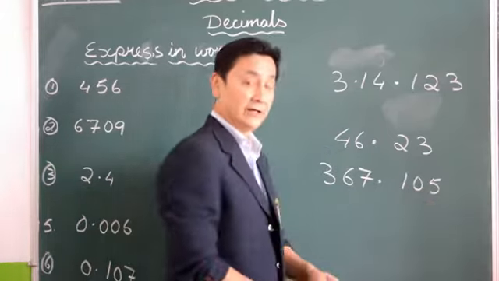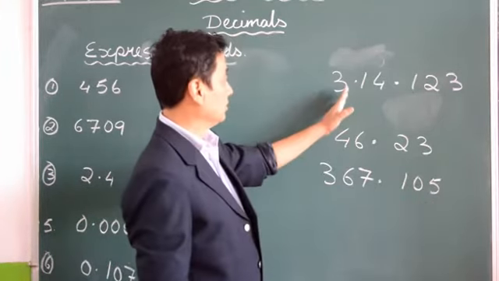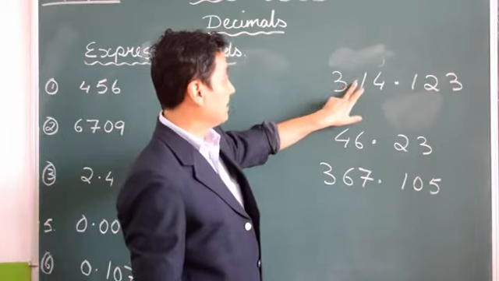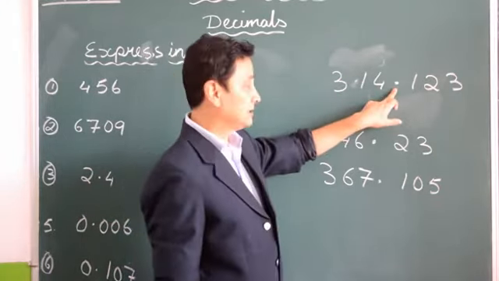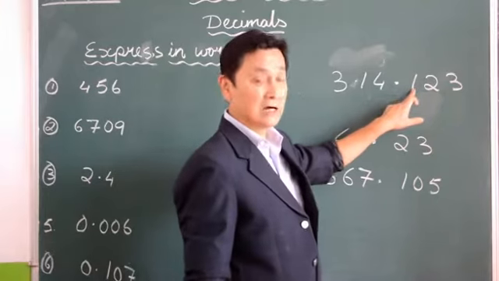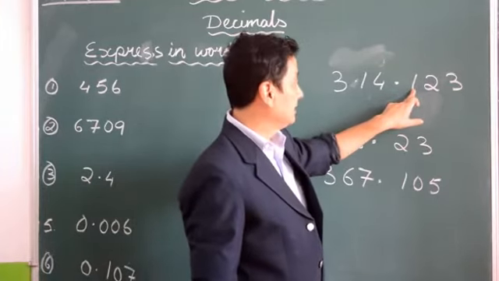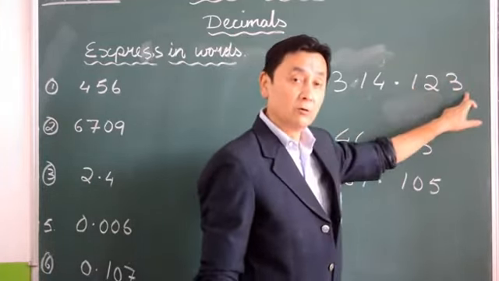Okay, let's practice. Read these numbers. 314, point. What do you see? Many of us tend to read the numbers the whole way, like 314.123, so there's no difference between the two sides. But we have to write it this way: 314 point, what number do you see? 1. What number do you see? 2.